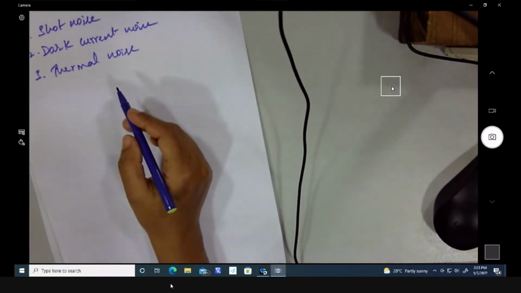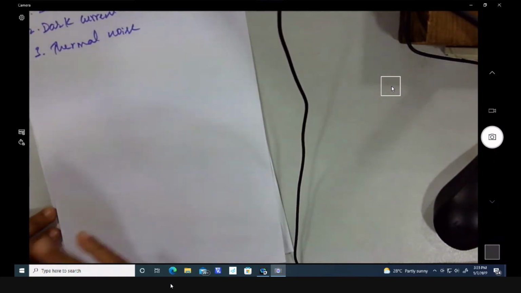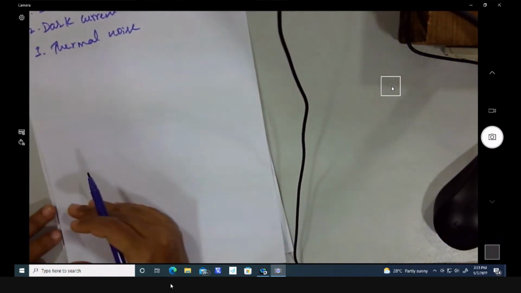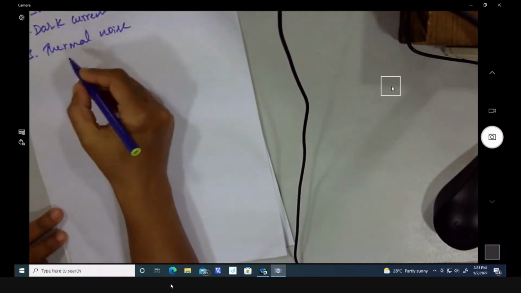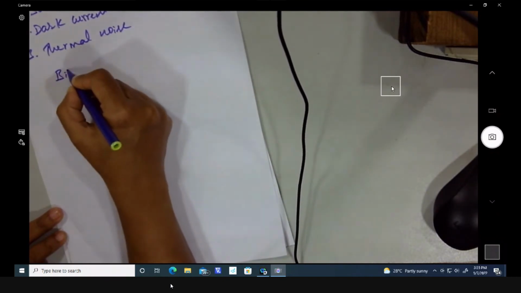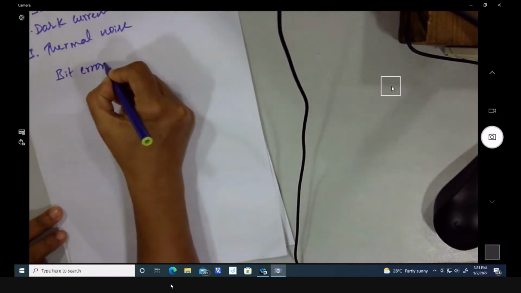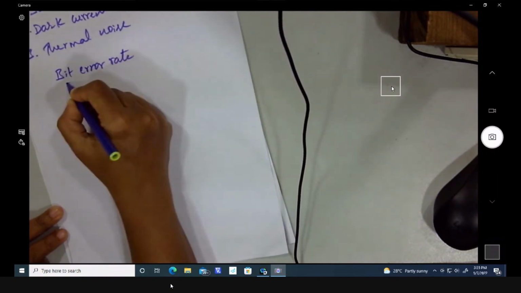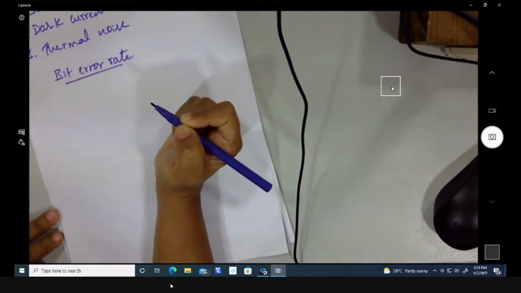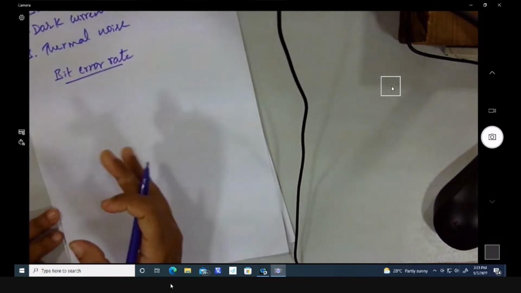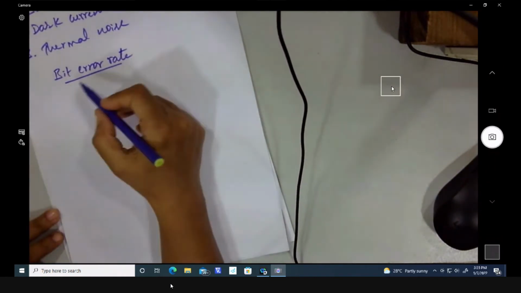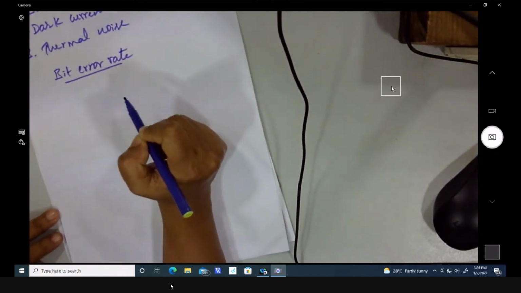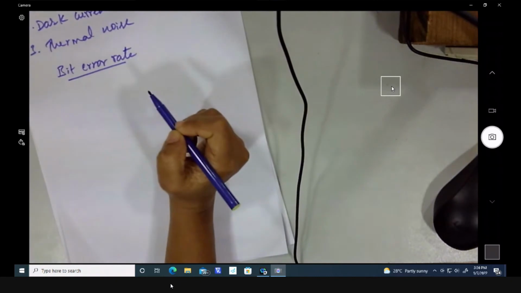So if you want to evaluate the performance of the photodiode in digital, how are we going to calculate? We are going to calculate bit error rate. It is a digital signal. If you want to evaluate the performance of the system, then we do bit error rate calculation. So what do you mean by bit error rate?